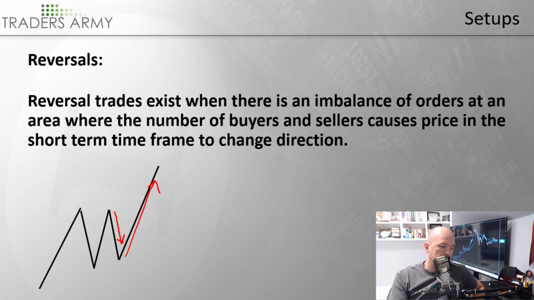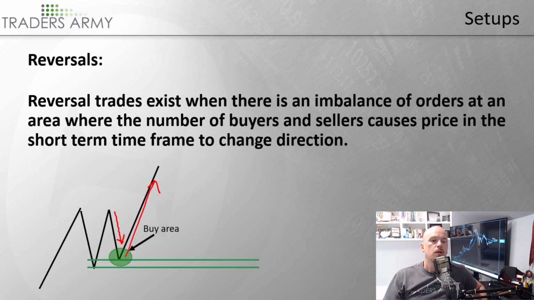Well, the only thing that causes price to reverse direction and head back up is running into an area where there are no more willing sellers, but there are still willing buyers. So this is called a reversal trade. Reversal trades are trades where we change the short-term direction of the security. It was going down, you buy and it goes back up.